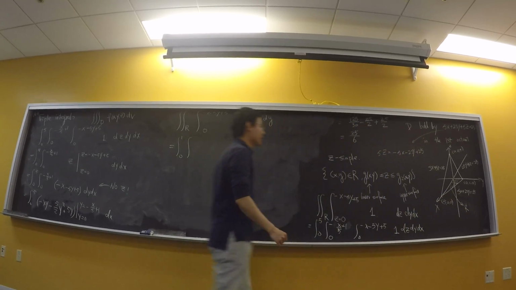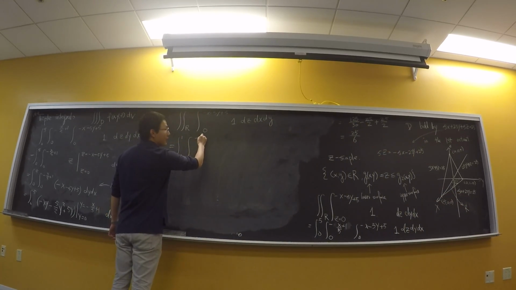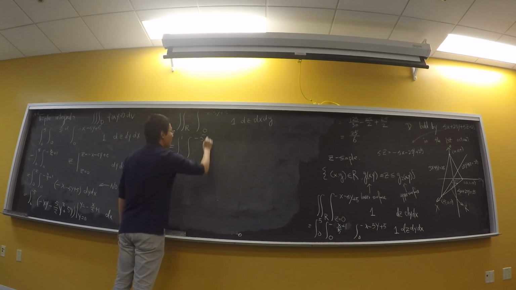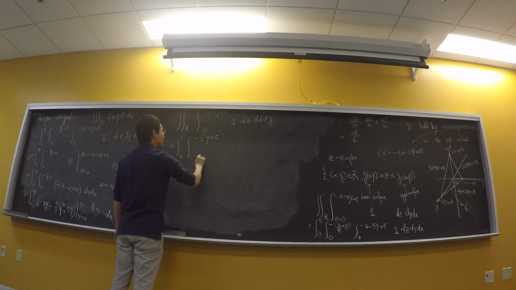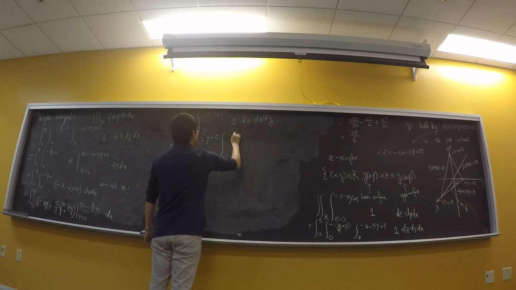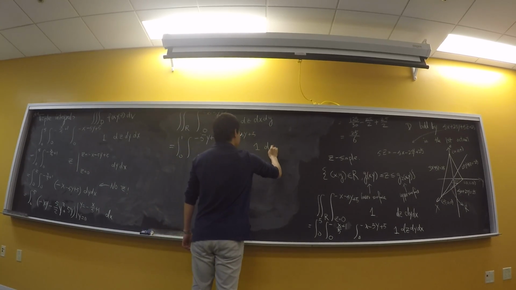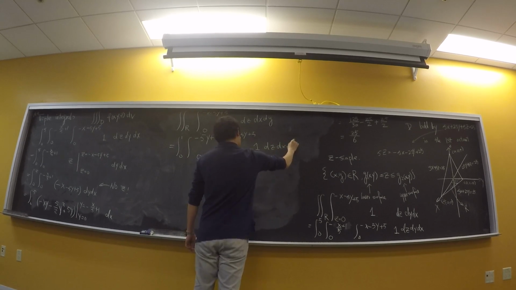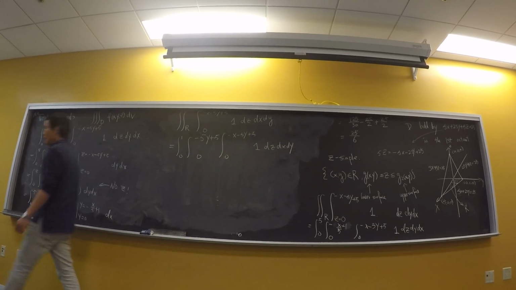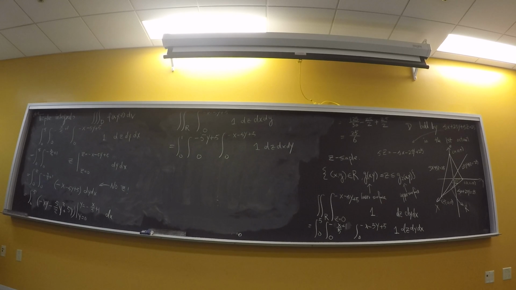So solving for x in this equation is going to be minus 5y plus 5. So from 0 to minus x minus 5y plus 5, 1 dz dx dy. Okay? So we can identify the same intervening region as z-simple in space, y-simple on the plane, as well as x-simple on the plane.